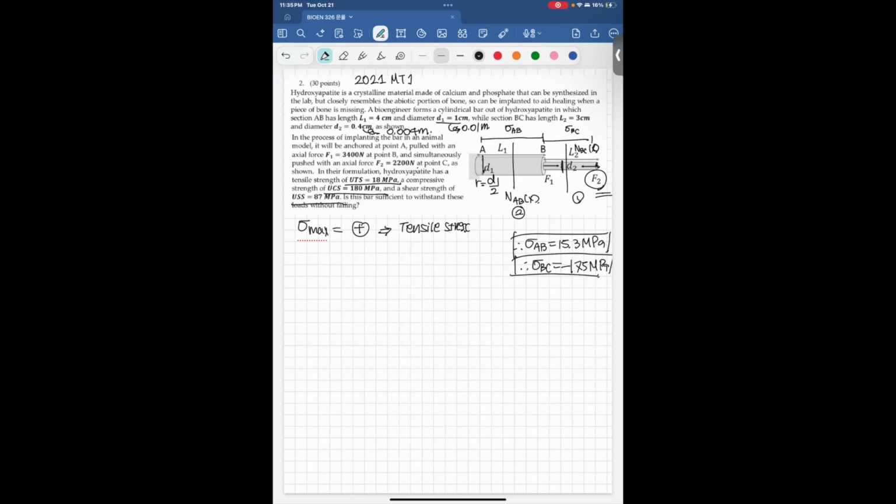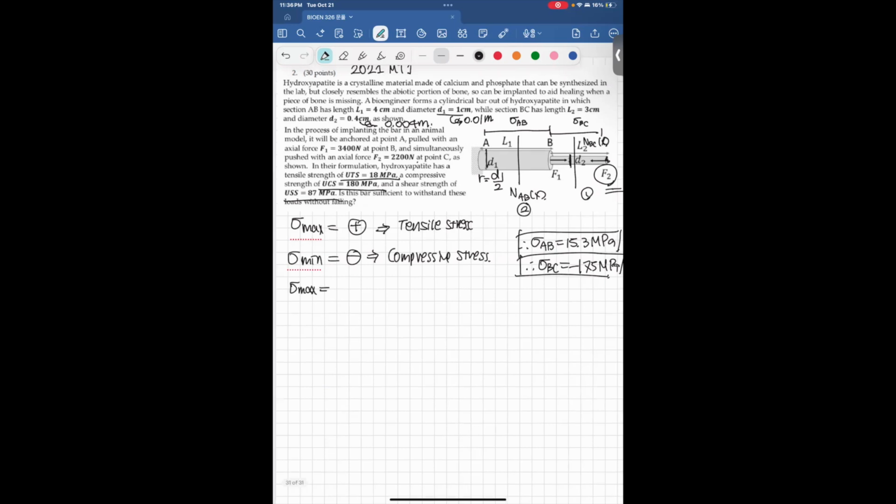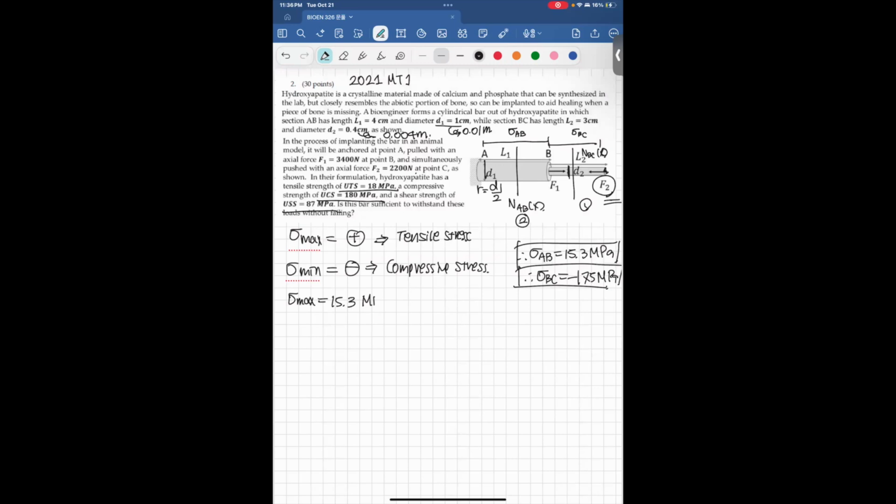Tensile stress. And sigma minimum is often going to be negative, which is going to be compressive stress if there's positive and negative. So sigma max of this object would be 15.3 megapascal because it's a bigger number than the negative number, right?